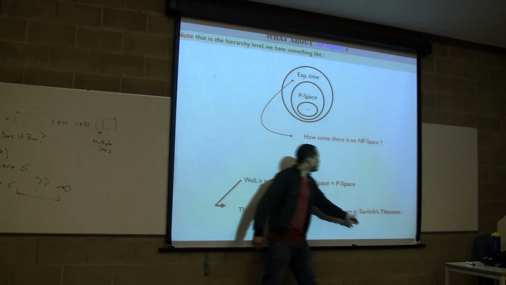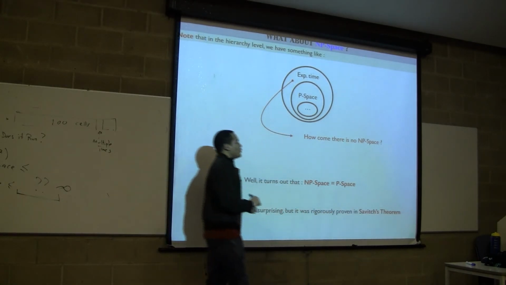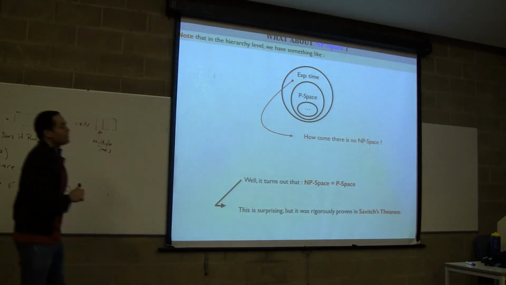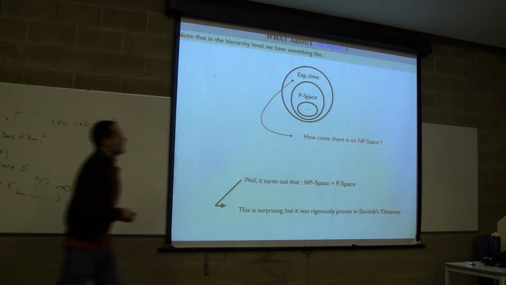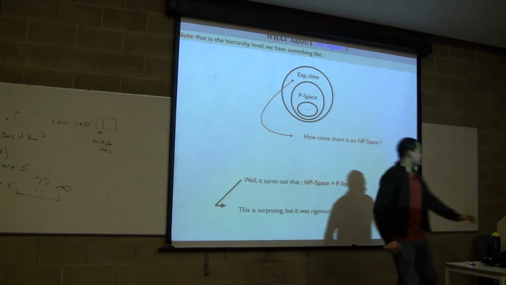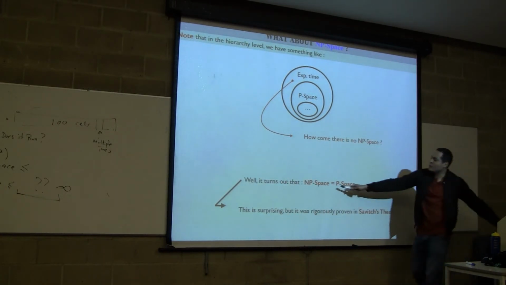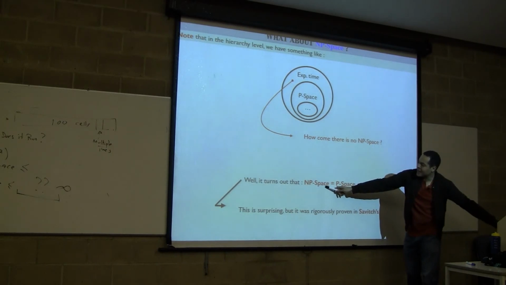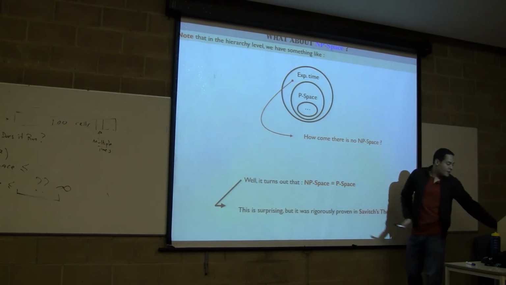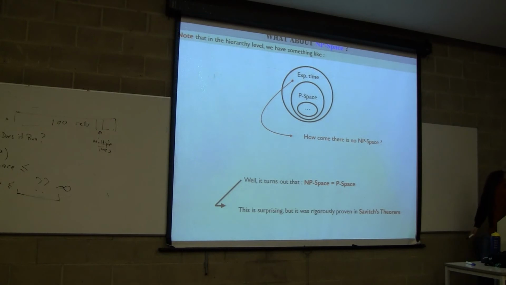This was proven by a guy called Savitch, and it's called Savitch's theorem. Basically the theorem says you can transform an NP space algorithm to a P space algorithm, and the order remains virtually the same.